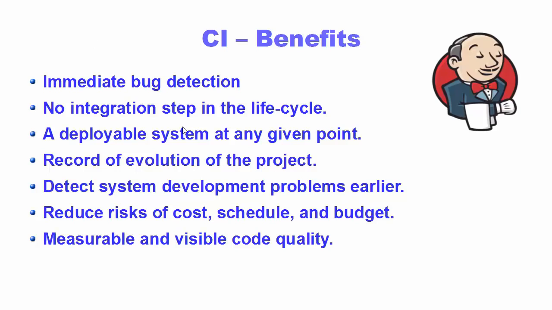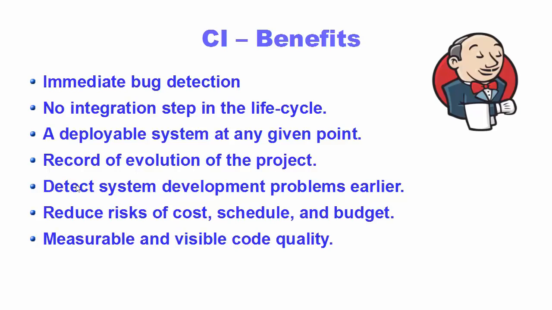Next, you have a record of the evolution of your project. For example, how many times your build succeeded or your test succeeded, and at what change or at what point your build failed or your unit test failed. It's going to keep a record of everything, so you can see it later and view the quality of your code.